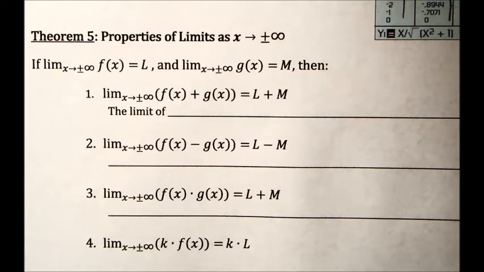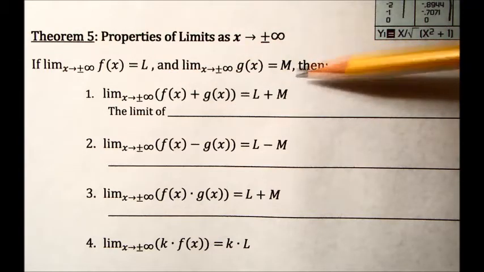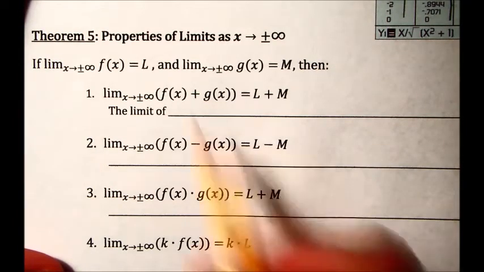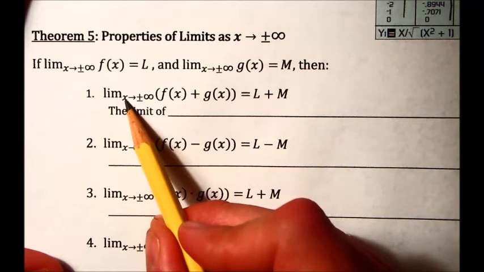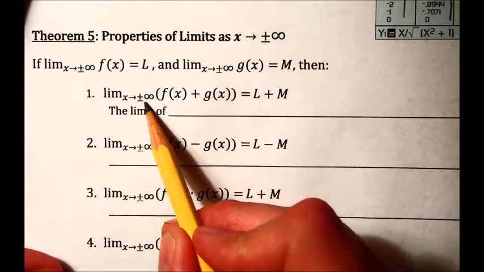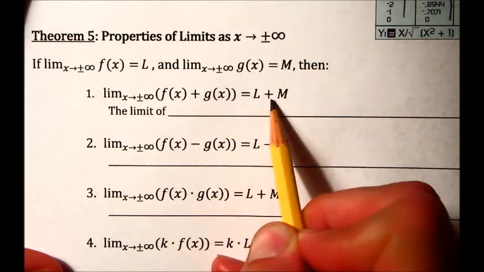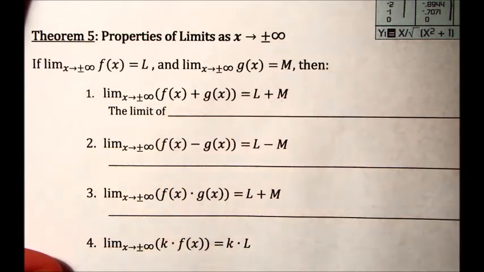Okay, these properties showed up back in section 2.1, day 2, and they're all exactly the same. The only difference is they use L and M now. Alright, and you want to take this basically from the perspective of the limit as x approaches infinity of f of x plus g of x equals L plus M. And then there's the negative infinity, and that's just the second option.